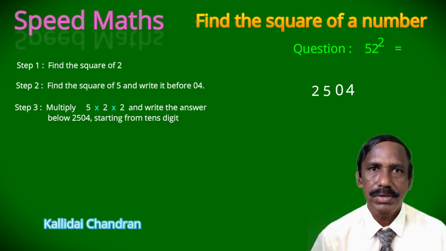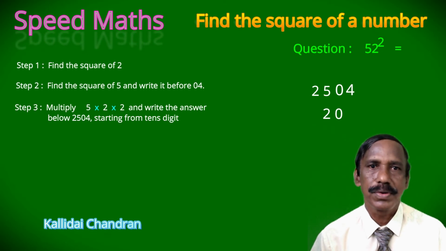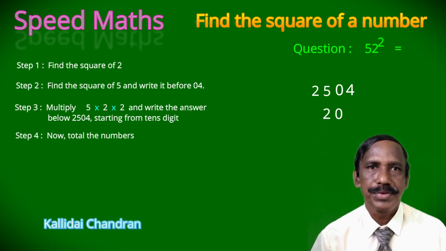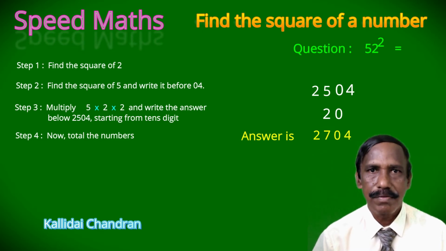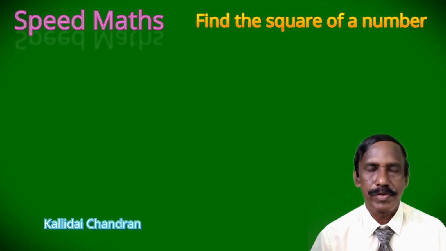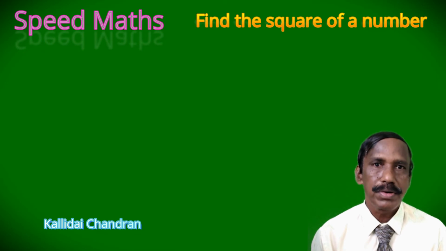So you have to start writing this 20 from the tens digit below 2504. Now total it, the answer comes to 2704. So the square of 52 is 2704.